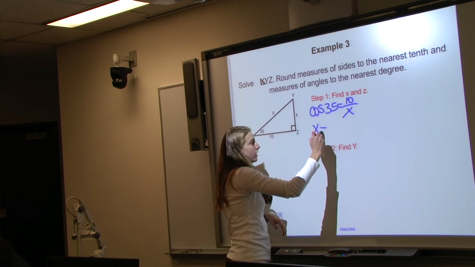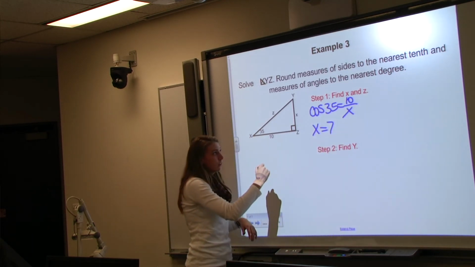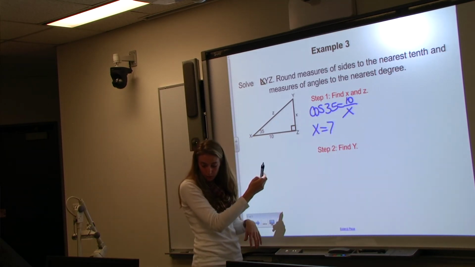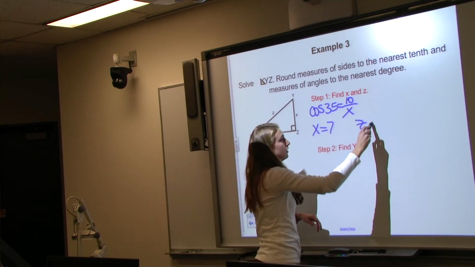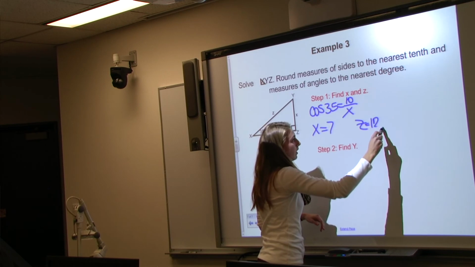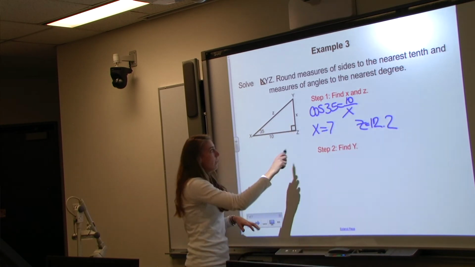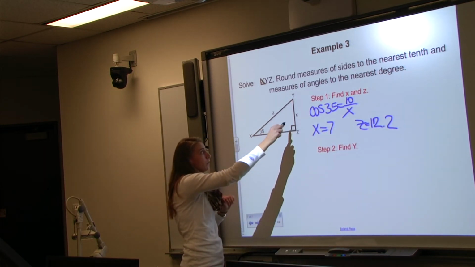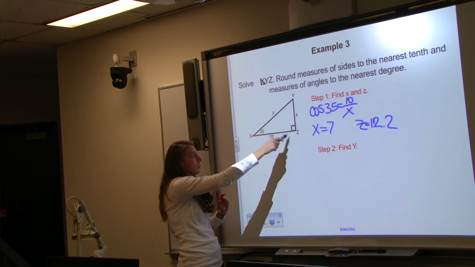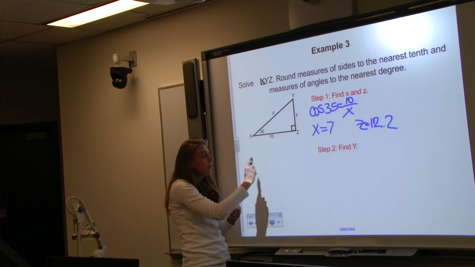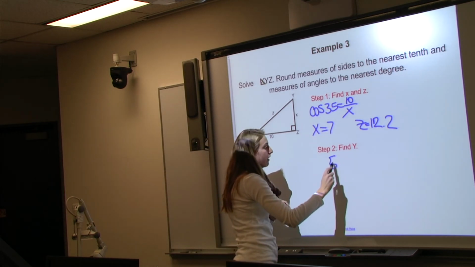So x equals 7, and then your z is going to equal 12.2. And then we know that a triangle equals 180 degrees, subtract 90, subtract 35, and we're going to get y equals 55 degrees.